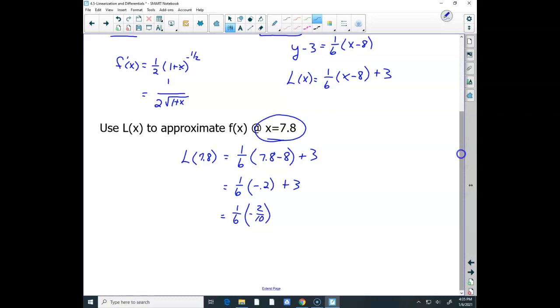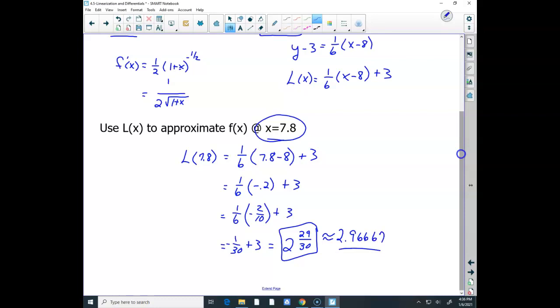When I simplify that out, that's 2/60, so really 1/30. So it's 3 minus 1/30, which is 2 and 29/30. Pretty close. As a decimal, that's about 2.966. I'm going to throw another 6; they keep going on right there.